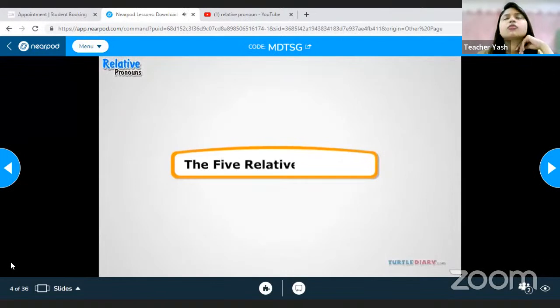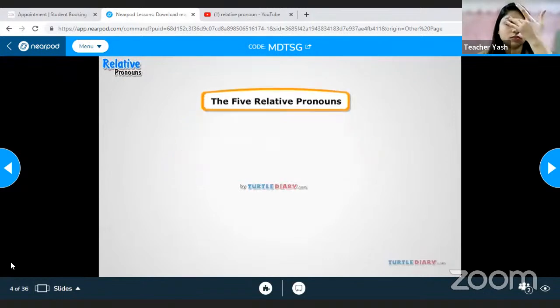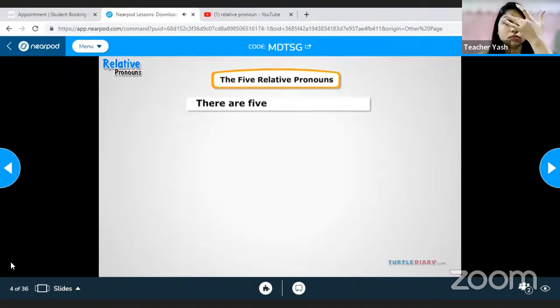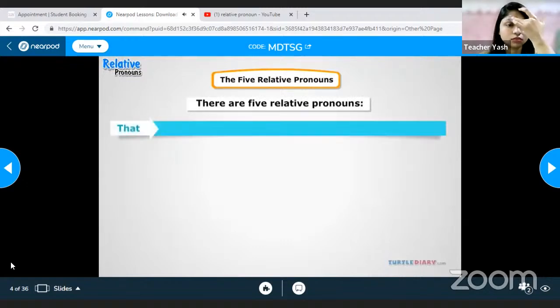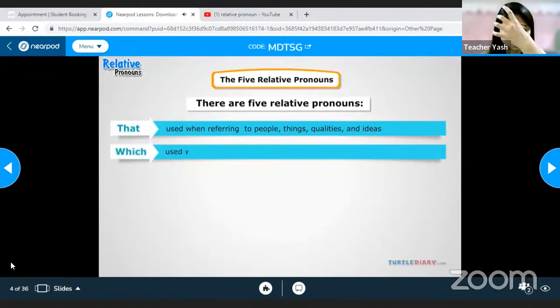The 5 relative pronouns. There are 5 relative pronouns. 1. That is used when referring to people, things, qualities, and ideas. 2. Which is used when referring to ideas, things, qualities, animals, but not people. 3.